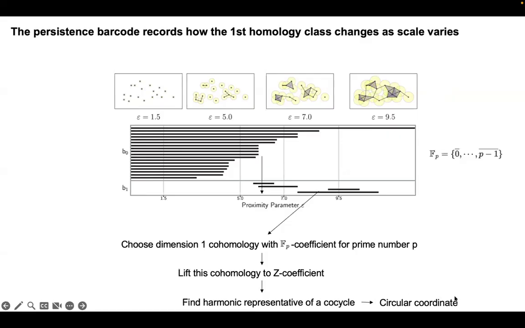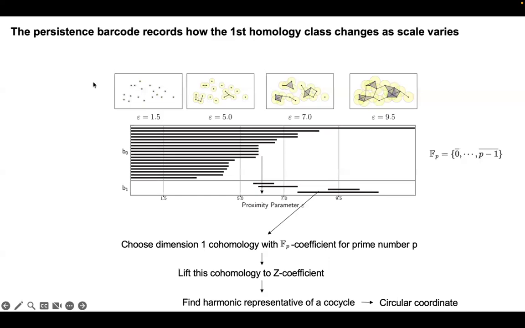It's hard to write down by hand. Anyway, it's possible. Also, some theorem guarantees that it is continuous on the simplicial complex. So when you restrict to the zero simplices, then it's the desired circular valued function.